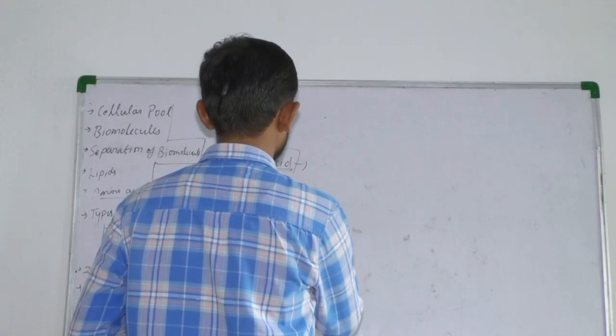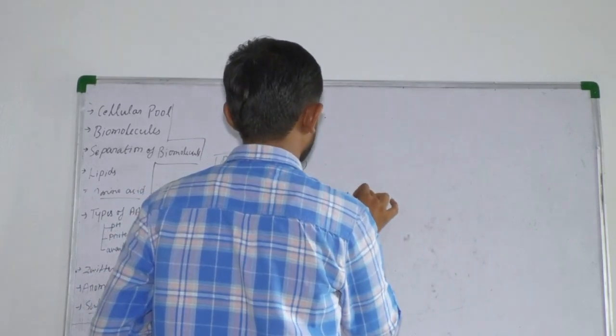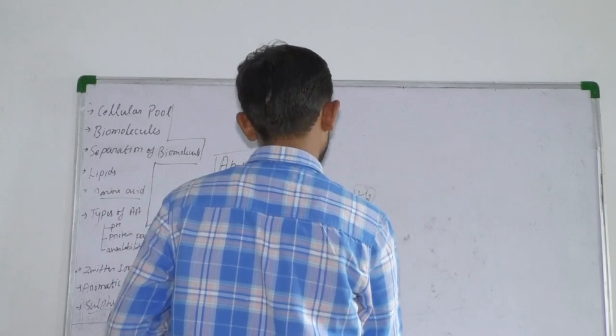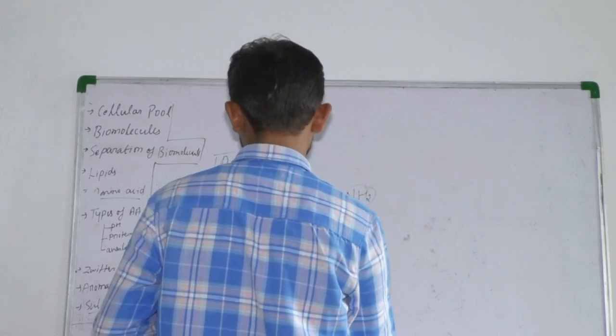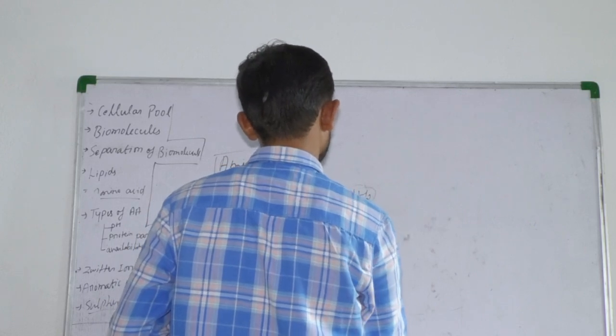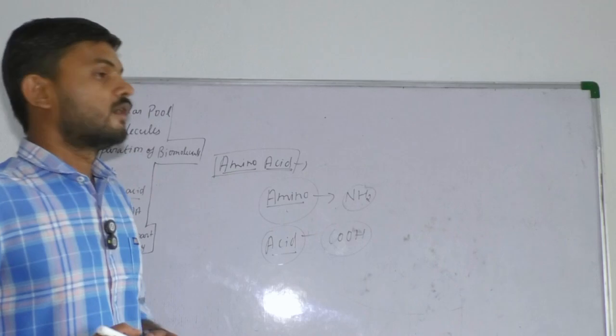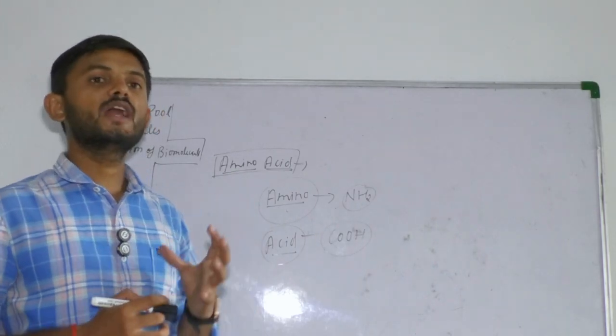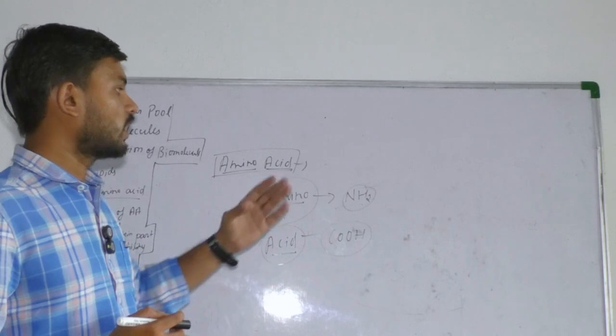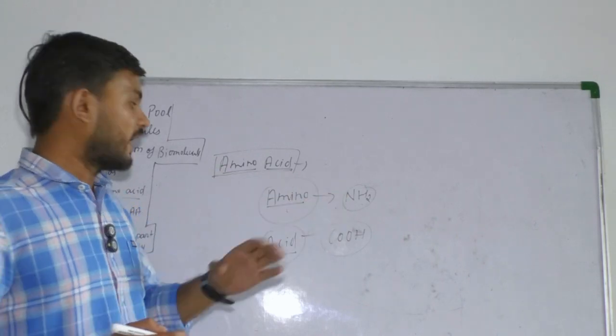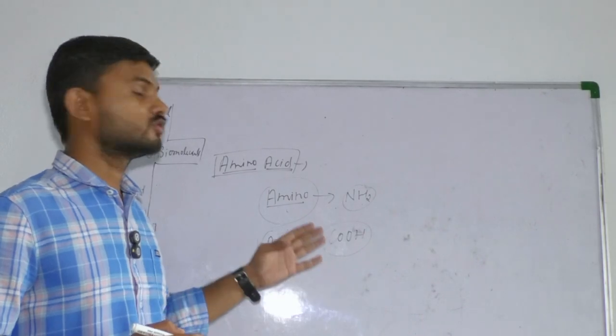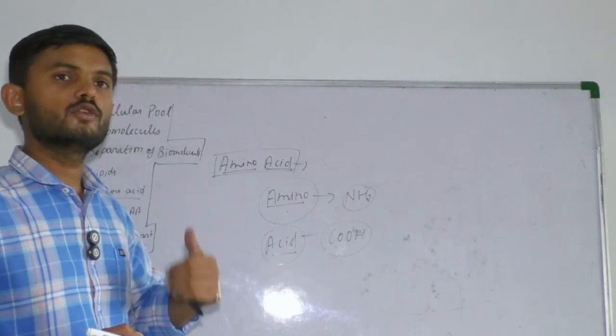So we know that amino is the NH2 group and acid, normally organic acid, is COOH, like acetic acid. So amino acid is made up of a chiral carbon, an amino group, and an acidic group. That's why it is called amino acid.